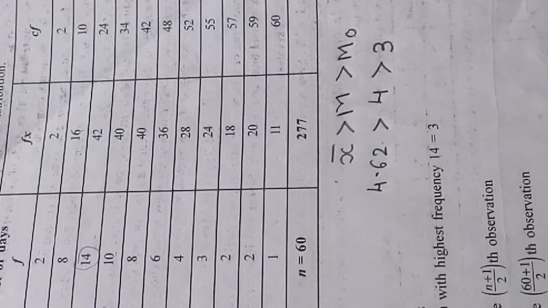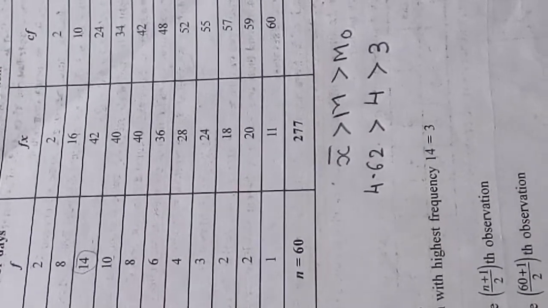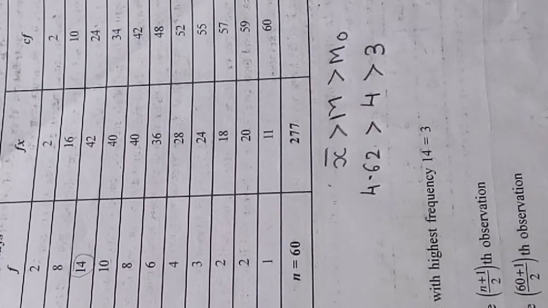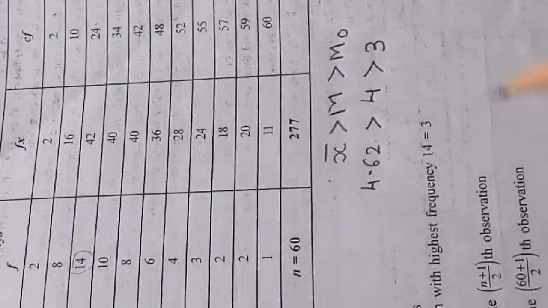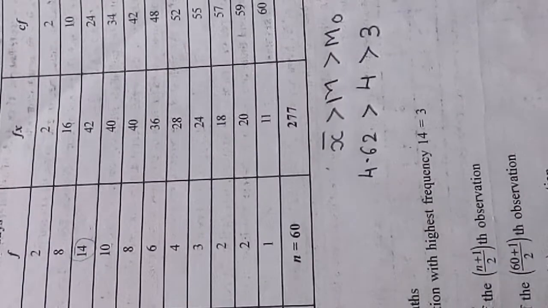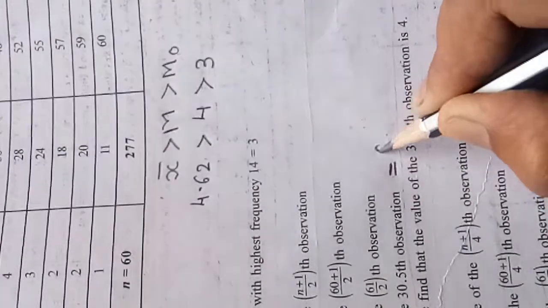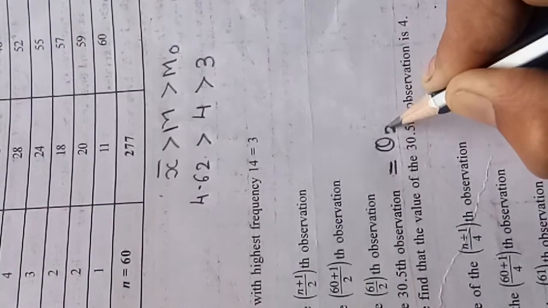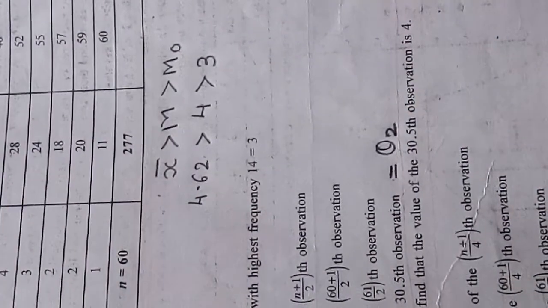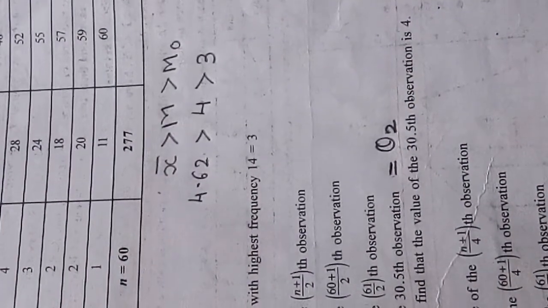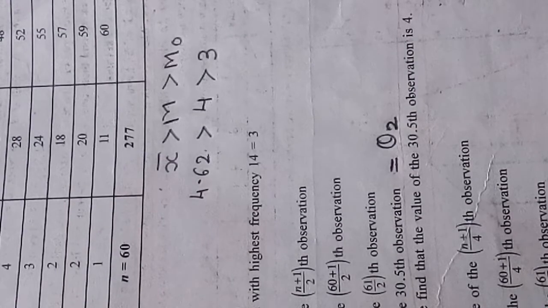Now for the second property we have to find quartile 1 and quartile 2. Quartile 2 we have already found, the median itself is called quartile 2. So this median is quartile 2 also. So no need to find quartile 2. So we will find quartile 1 and quartile 3.